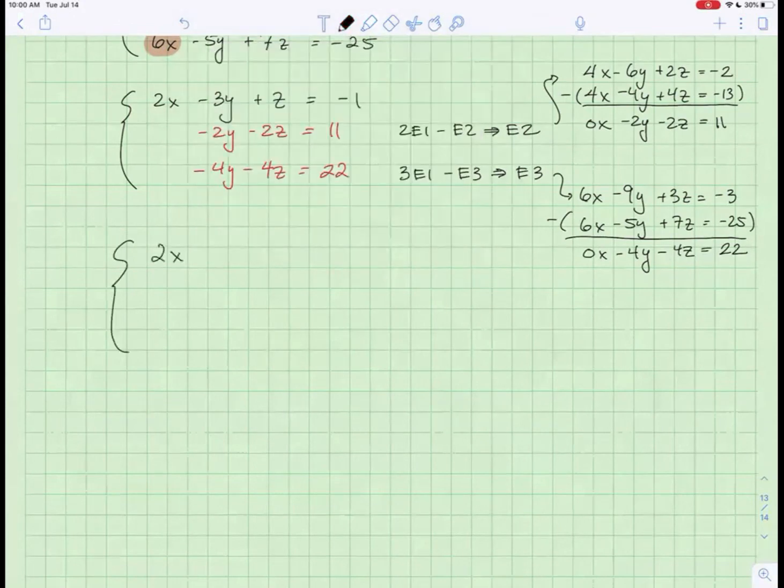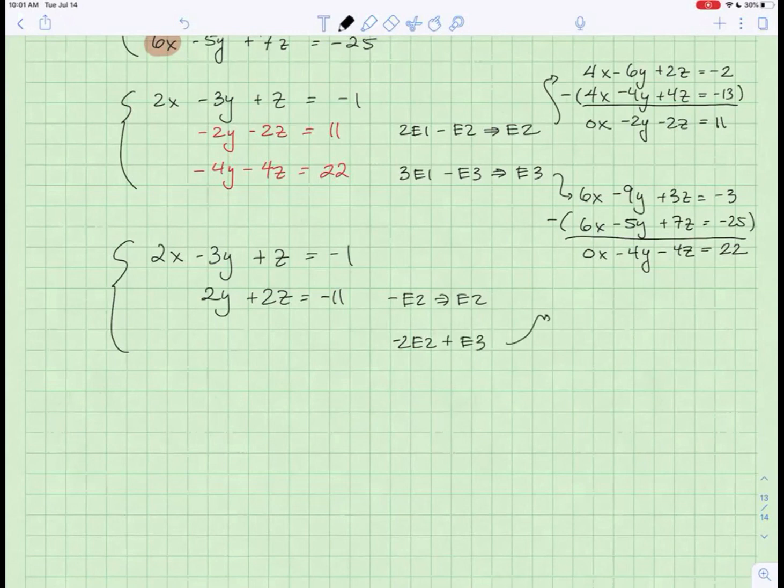This is 2x minus 3y plus z equals -1. I'm going to do negative equation 2 as my new equation 2. So this is 2y plus 2z equals -11. And then if we do just a little bit of elimination here, I'm going to do -2 equation 2's plus equation 3.